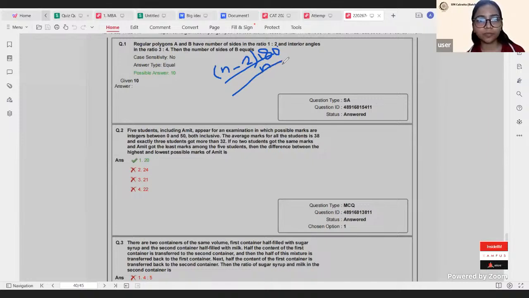For the second polygon, it will be 2n, because the sides are twice as many, as the ratio in the question says. The given ratio here is 3:4, by 2n, sorry.